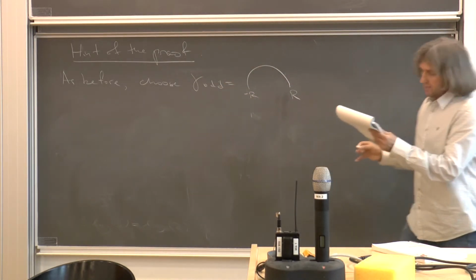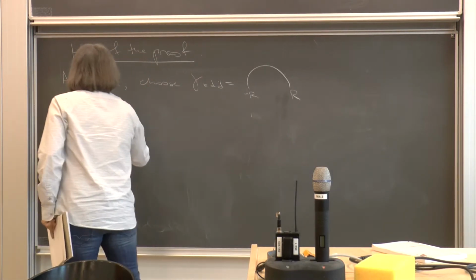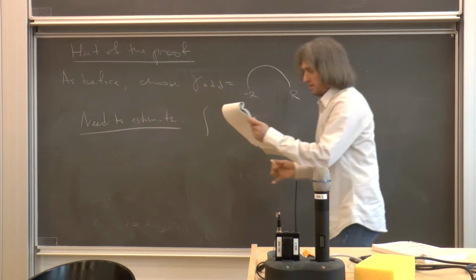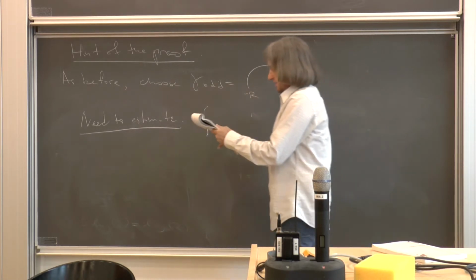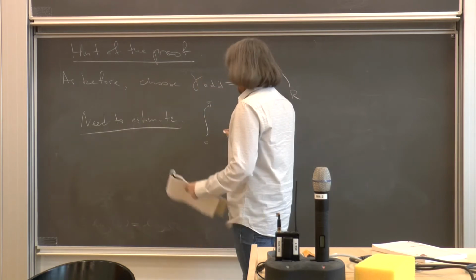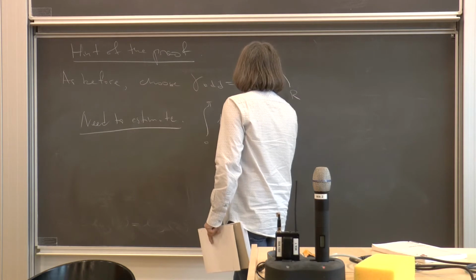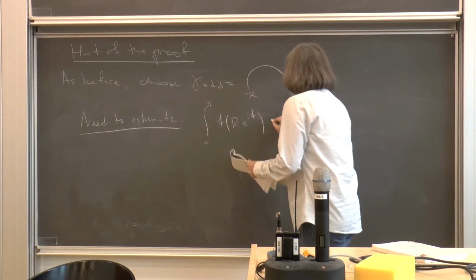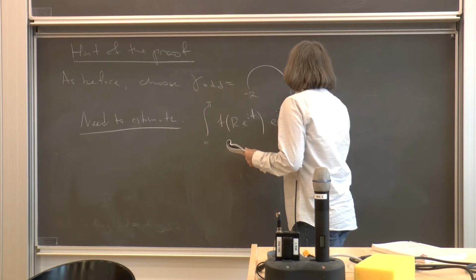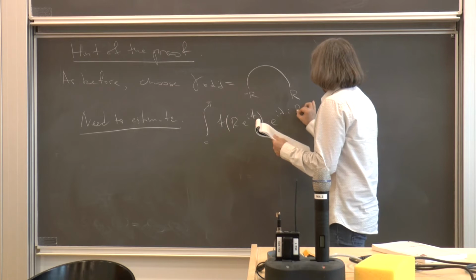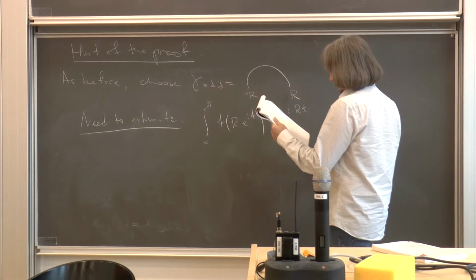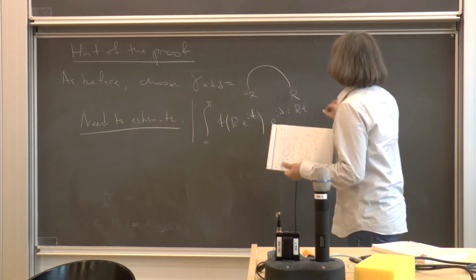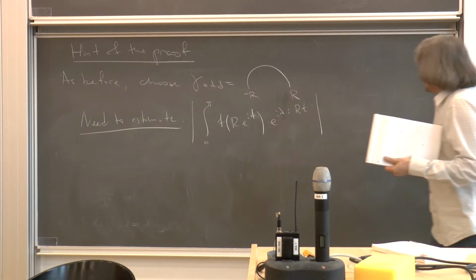So what you really need to estimate is the integral, well, I'll just substitute, from 0 to pi of f at r exponent of it, so this is the value of the function, times e to the I lambda I r t dt.